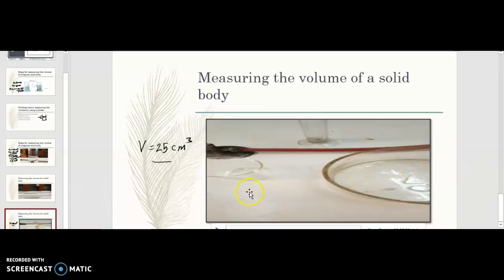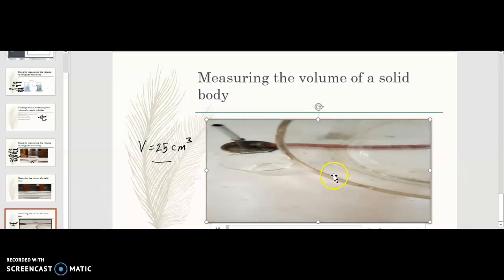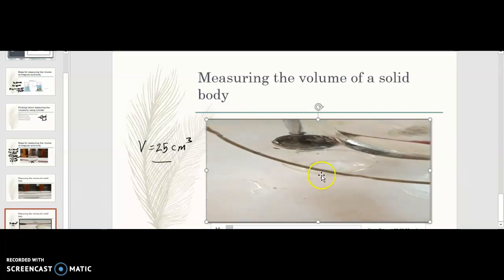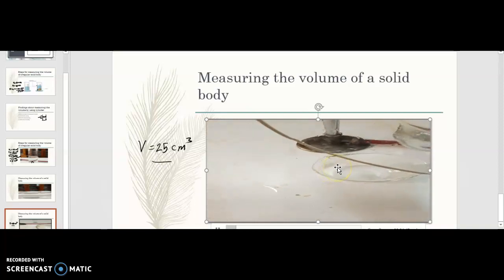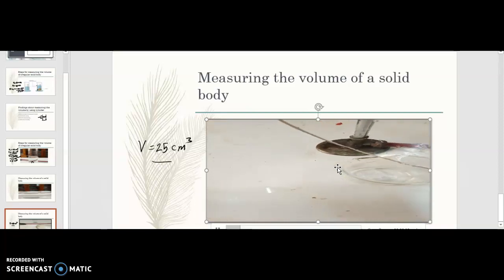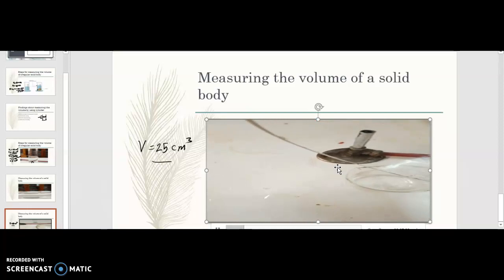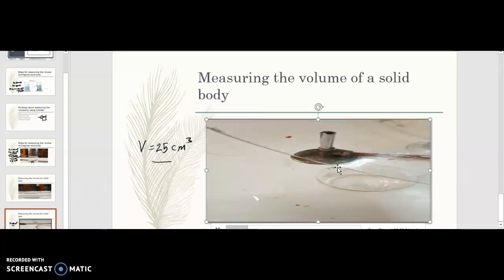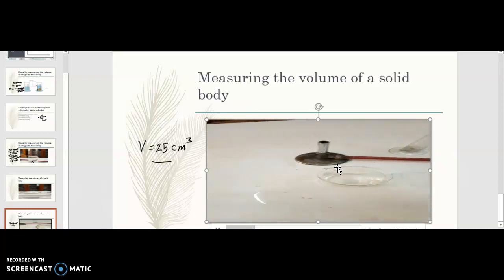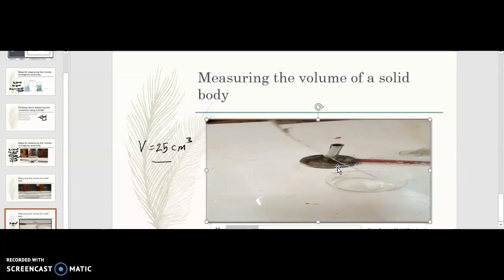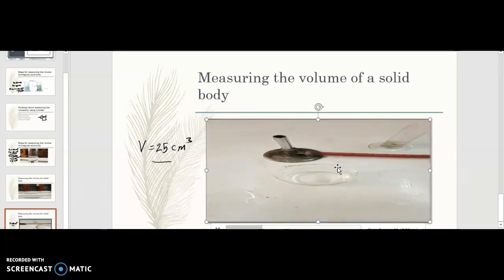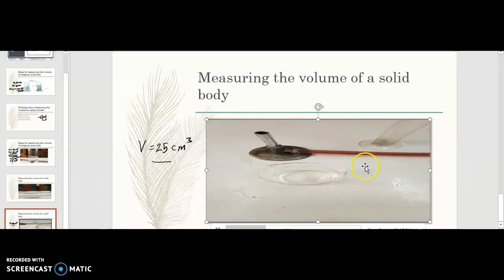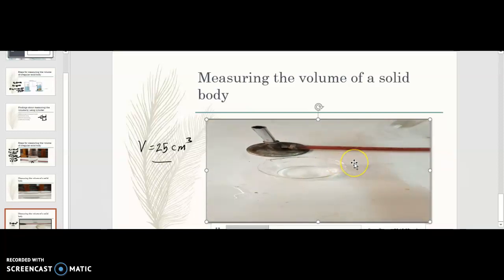So in the next step, this spilled water, we will collect it drop by drop. We'll put it in another beaker here. Then we will get the cylinder and we put this water in it and record its volume.